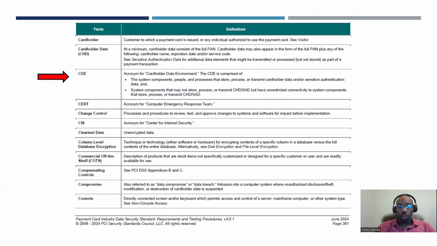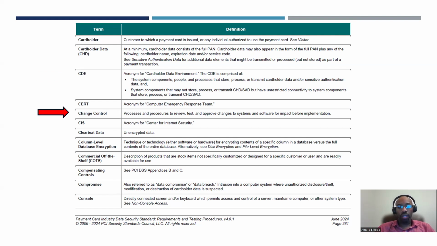Okay, and also within the CDE we have system components that may not store, process, or transmit, but they have unrestricted connectivity to the systems that is processing, transmitting, or storing cardholder data or sensitive authentication data. So that is what we consider the CDE, which is the cardholder data environment. Change control is very important.